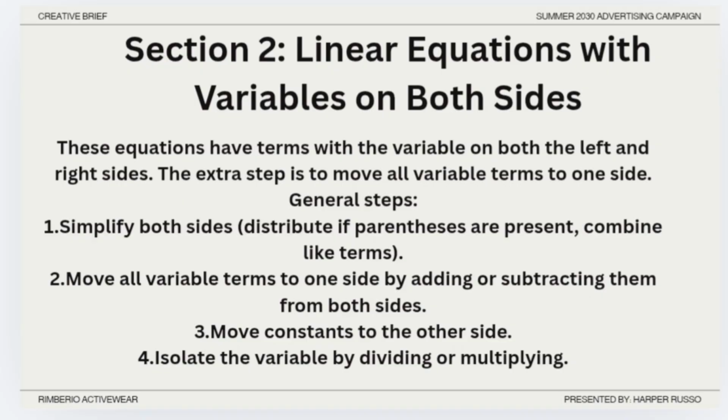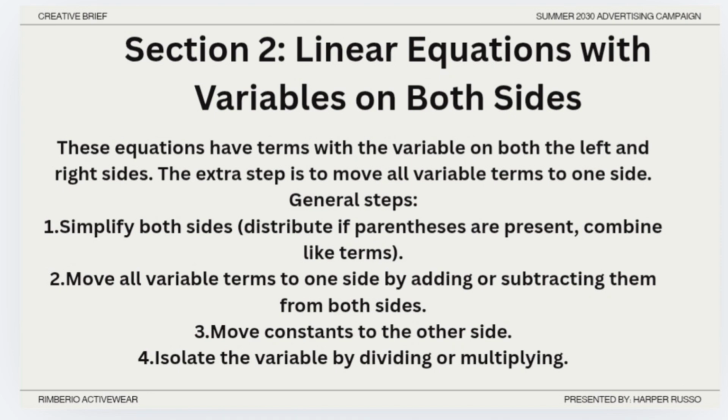Section 2. Linear equations with variables on both sides. This equation has terms with the variable on both the left and right sides. The extra step is to move all variable terms to one side.